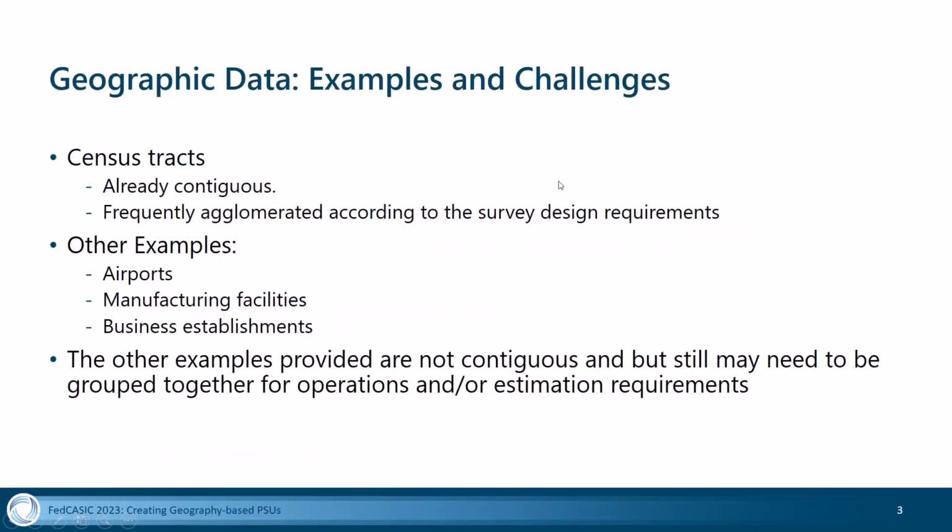So geographic data, just some examples and some challenges. I imagine that when most of us think of geographic data, we think of the data published by our hosts, the U.S. Census and the Bureau of Labor Statistics, which at whatever its level.